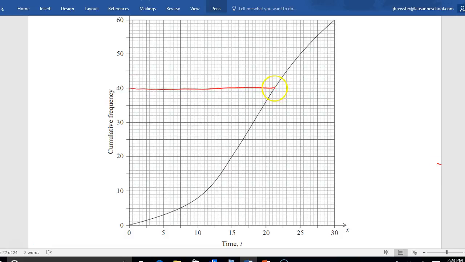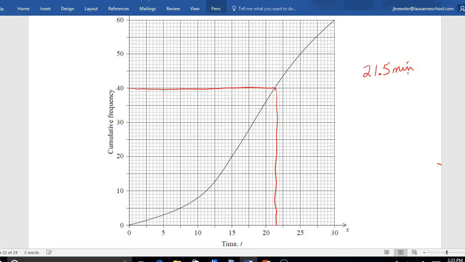Straight down, and remember, each one of those little ones is a half, so we've got 20, 20 and a half, 21, 21 and a half, it looks like. But if you said 22, I'm sure they would count you right. That's close enough. So I'm going to put 21 and a half minutes for that answer.